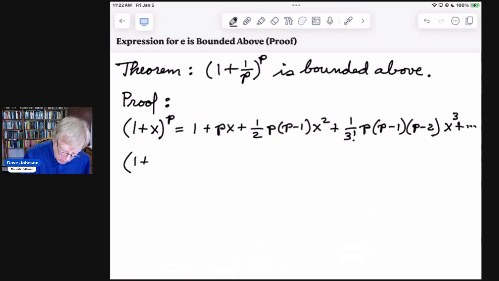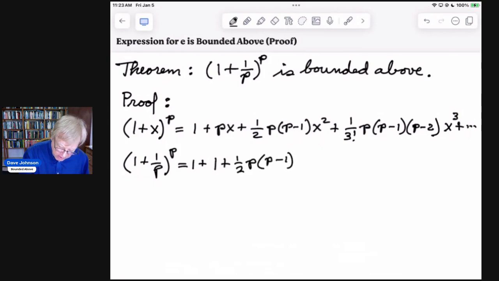So we get 1 plus 1 over p raised to the p is equal to 1 plus, now the p times x is going to become p times 1 over p, which is another 1, plus 1/2 p times p minus 1 times, and now the x gets replaced with 1 over p, so we get 1 over p squared, plus 1 over 3 factorial p times p minus 1 times p minus 2.